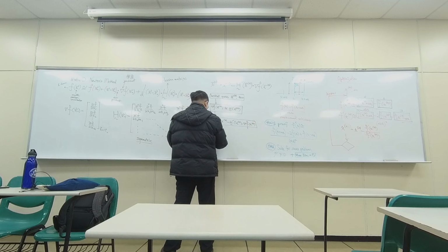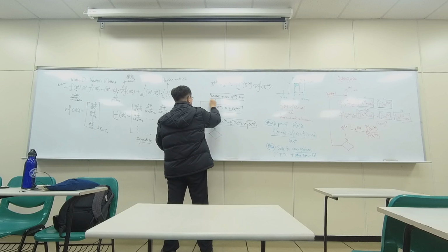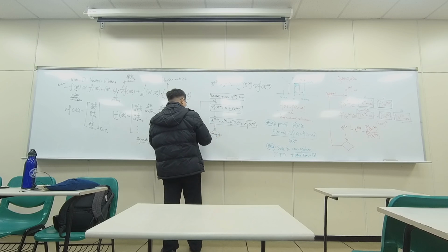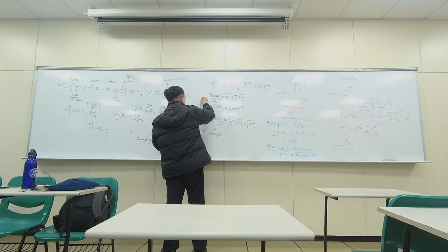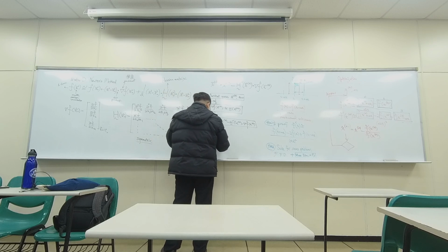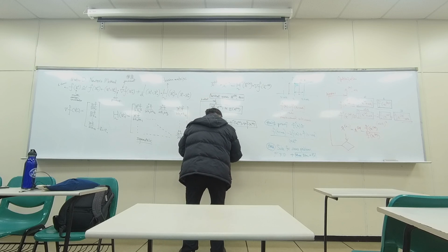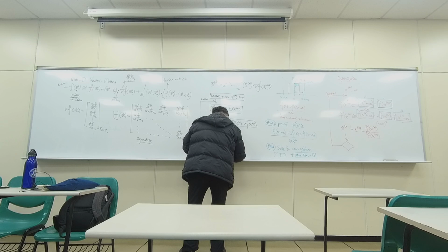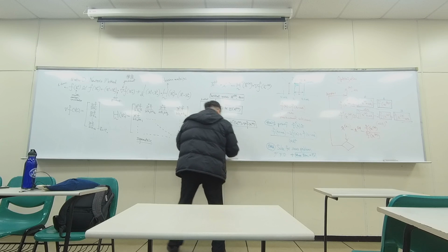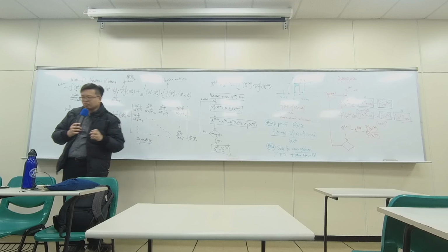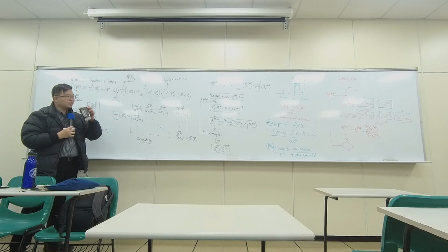Then convergence check. Converged, question mark. If not, k equals k plus 1. If yes, your optimal would be your last solution. That's basically it, you can see how similar it is compared to the one-dimensional one.